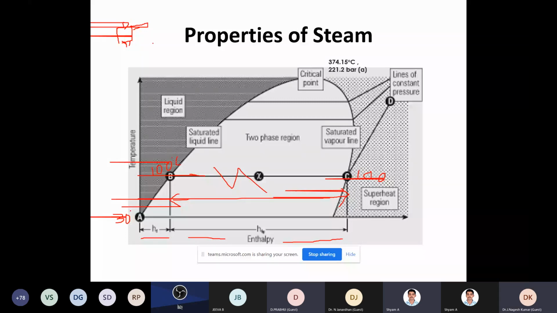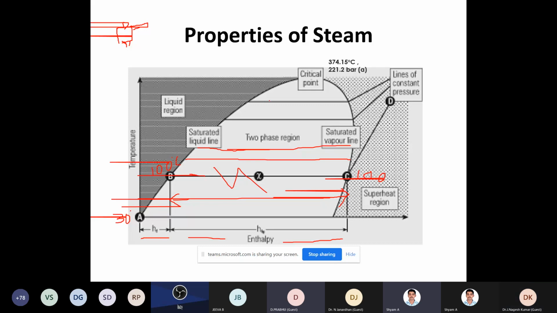So in a latent heat situation, this is at, let us say, 1 bar pressure. At 1 bar pressure, this is the latent heat. Now at 2 bar pressure, this is the latent heat. At 20 bar, maybe further lower. So at 20 bar, this is the latent heat. And 60 bar, 80 bar, 100 bar, it keeps on going. So what you observe is as you increase the pressure, the latent heat is decreasing.